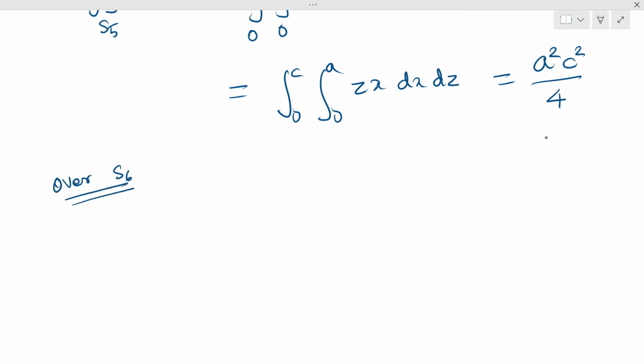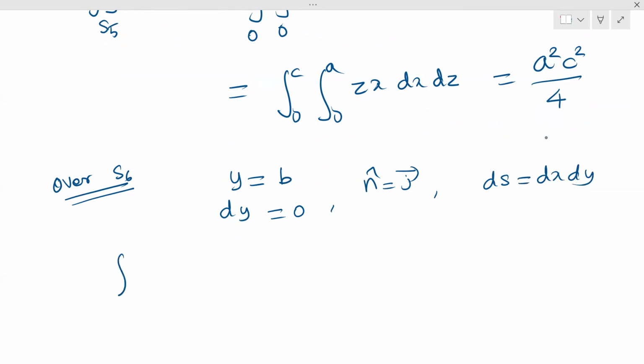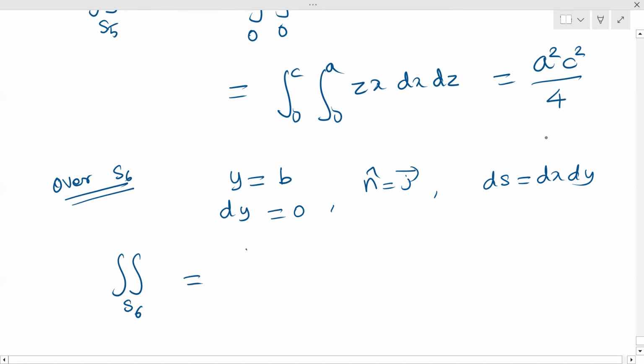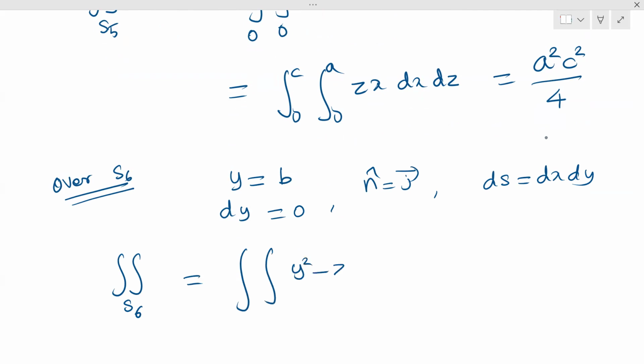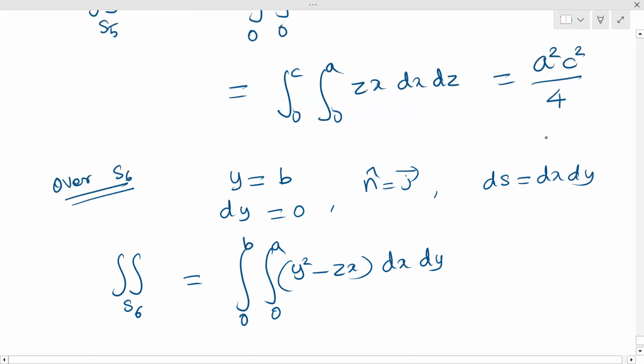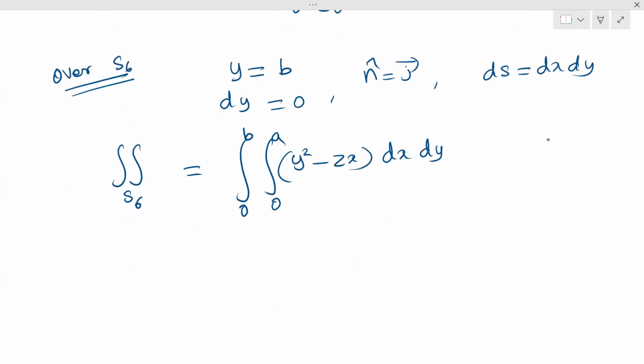For the last surface, S6. The equation is y is constant. Here they have given y varies from 0 to b. So y equal to b, dy equal to 0, and n cap is j vector. And ds is dx dz. So the double integration over S6 equal to, we will get only the j component, that is y square minus zx dx dz. The x limit is 0 to a and z limit is 0 to c. Here again substitute the value of y.